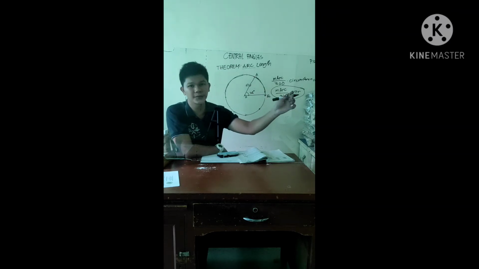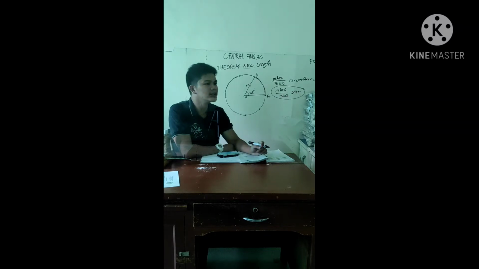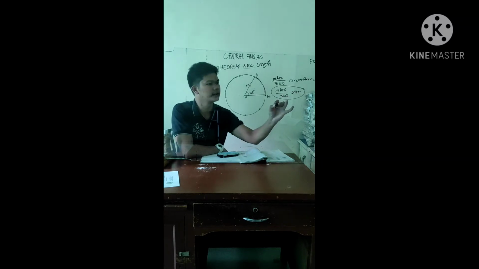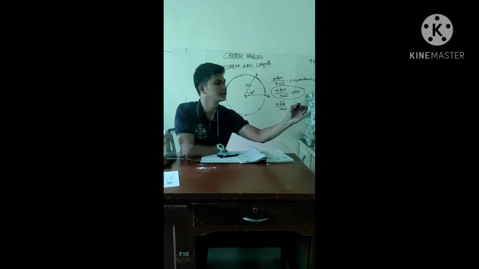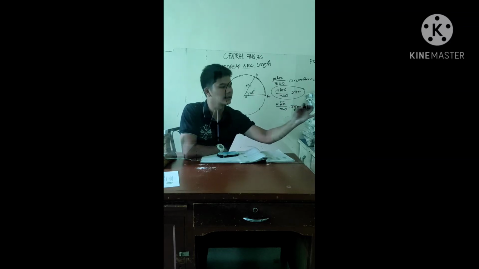So, using this formula, measure of your arc divided by 360 times 2 pi r. So, yung measurement ng ating arc AB divided by 360 times 2 pi r, that is equal to the arc length or AL.